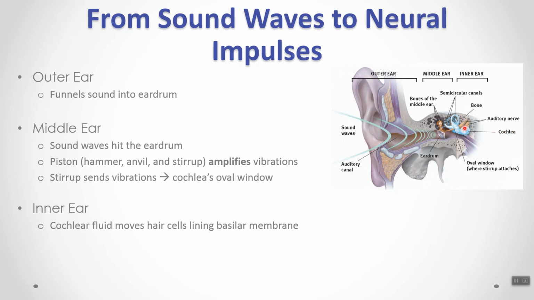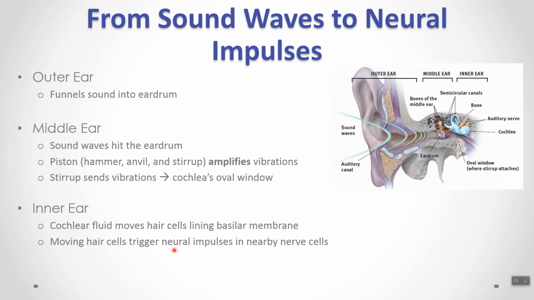The cochlea curls up here, and we'll see that in the next couple slides. It's filled with fluid and it has little hair cells inside. All that vibration from the bone is moving the fluid, which moves the hair cells inside the basilar membrane of the cochlea.